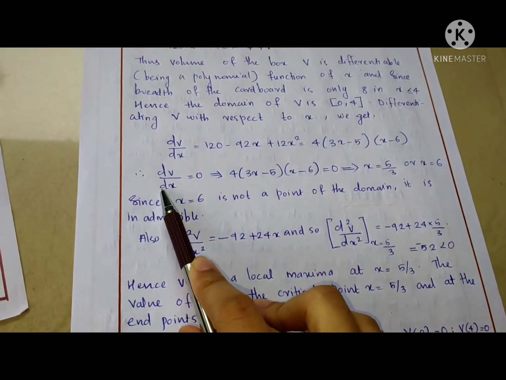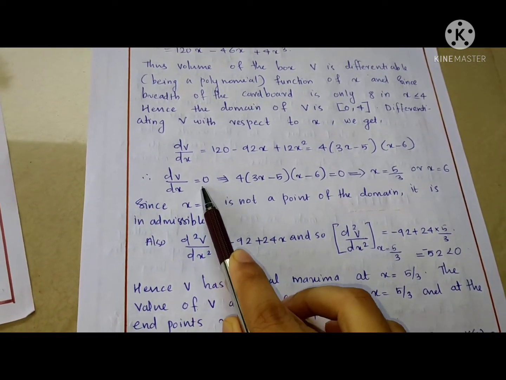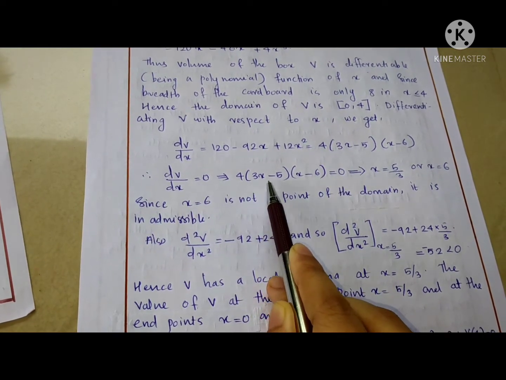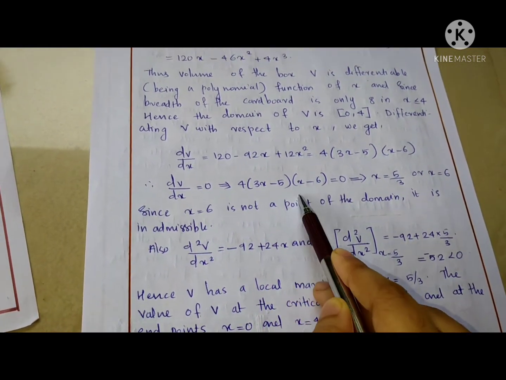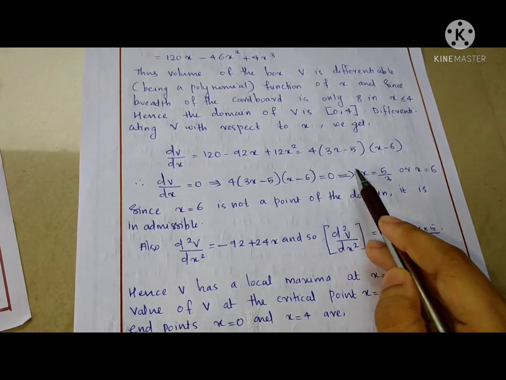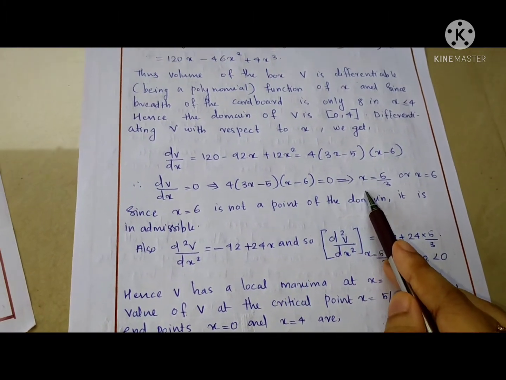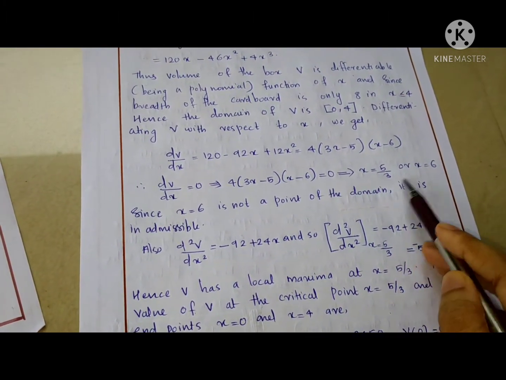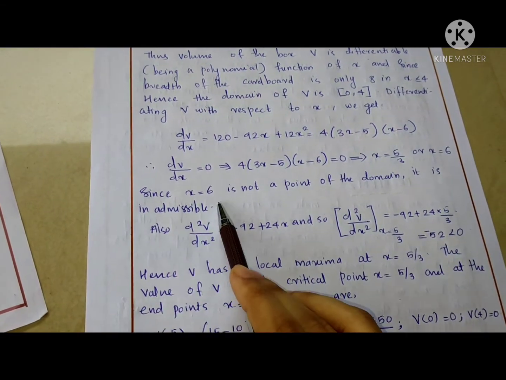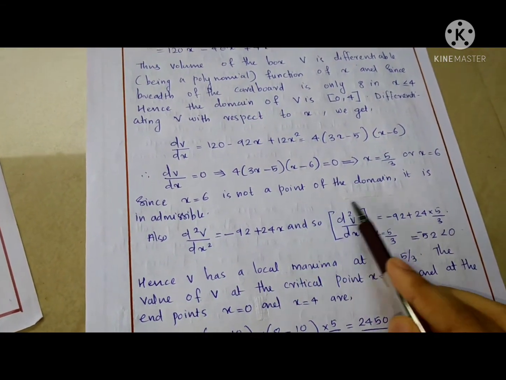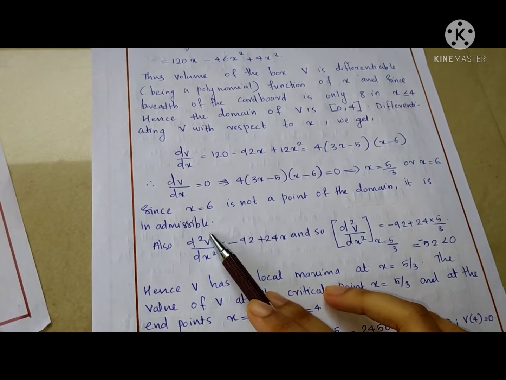Now dV by dx equal to 0 implies 4 into 3x minus 5 into x minus 6 equal to 0, that implies x equal to 5 by 3 or x equal to 6. Since x equal to 6 is not a point of the domain, it is inadmissible.